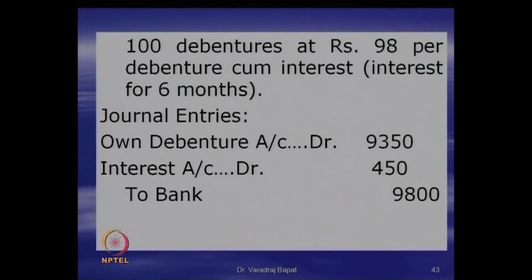When we buy from the market the debentures at 98 rupees, we pay the party 9800. But out of this 9800, 450 was by way of interest and the remaining 9350 was for purchasing our debenture. That is why the entry is like this: own debenture debit 9350, interest account debit 450, to bank 9800. I hope I am clear.